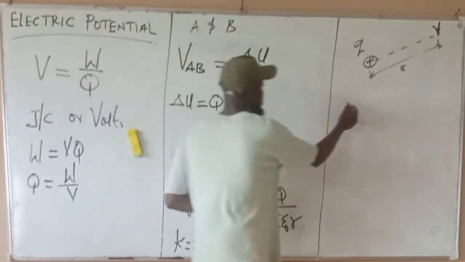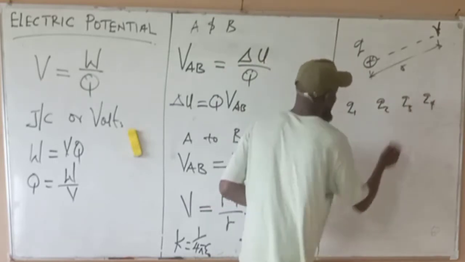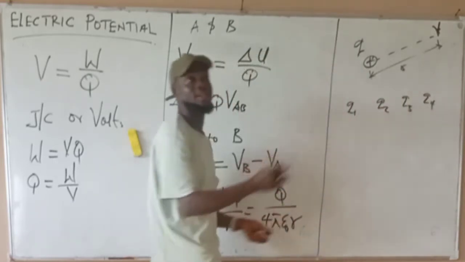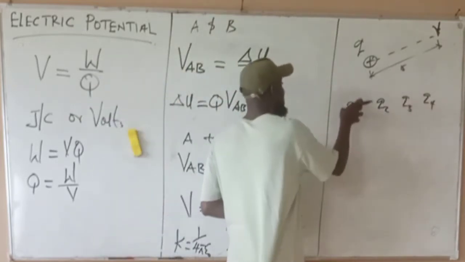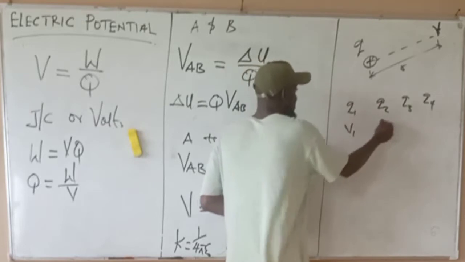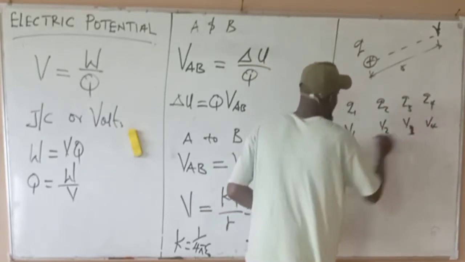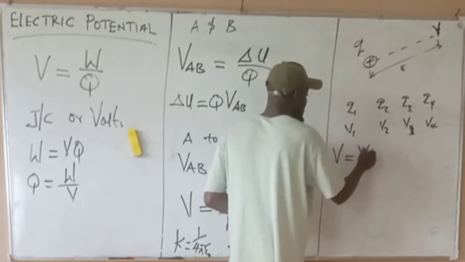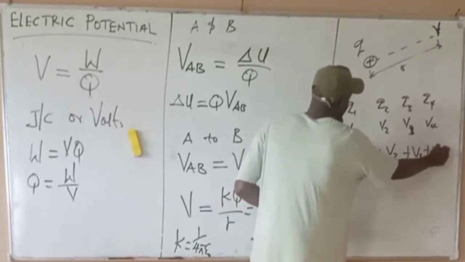Let's say we have charges Q1, Q2, Q3, Q4, and we ask what is the potential at the reference point V. The potentials due to them will be V1, V2, V3, V4. So the total potential will be the potential for V1, V2, V3 and V4.